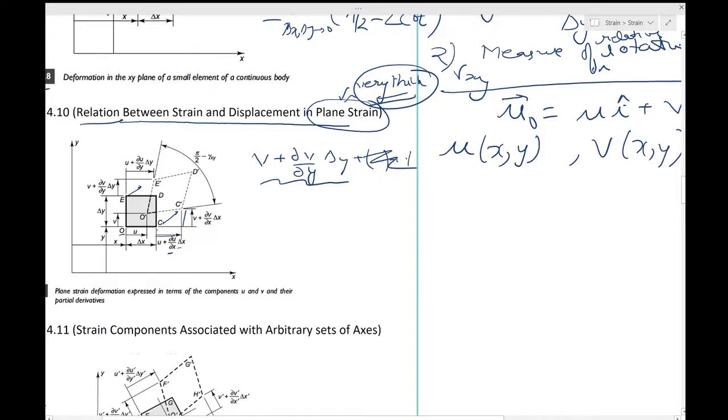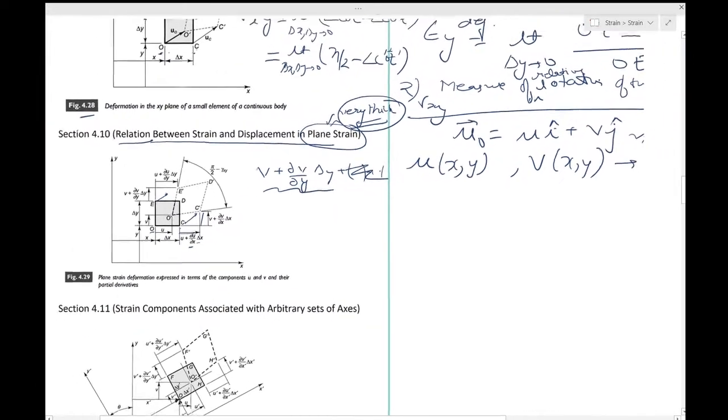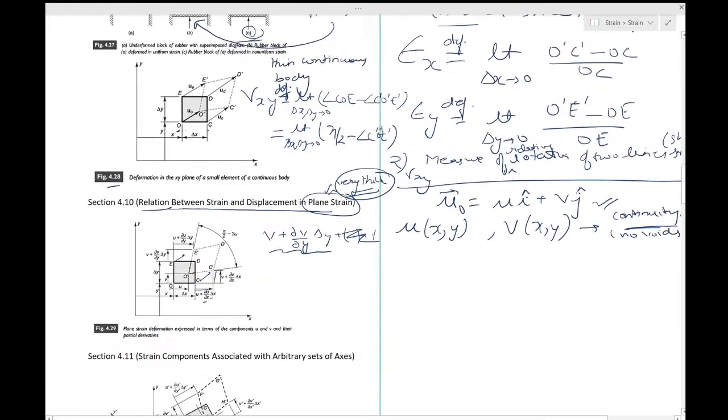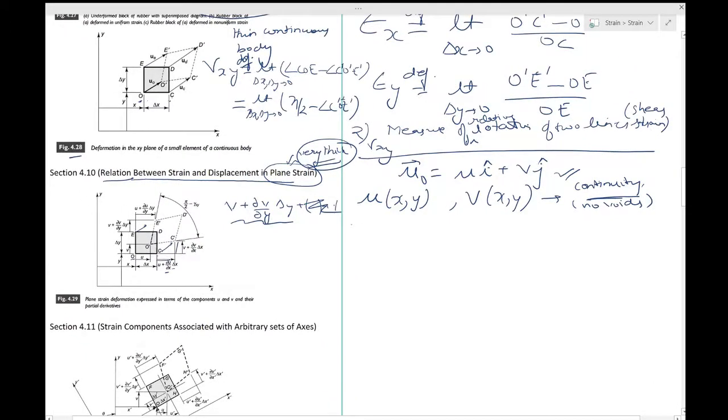Once this is done, we have to make an assumption that the strains are small compared to unity, and then we can write the normal strain. So the normal strain epsilon x can be written as O dash C dash in the x direction.